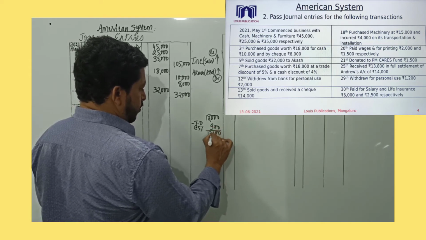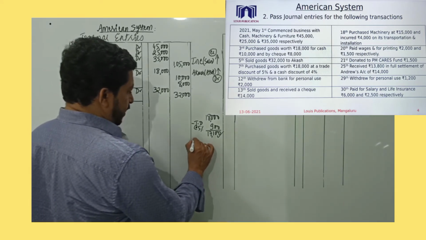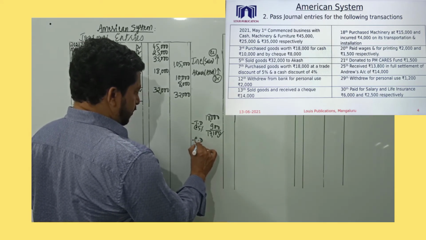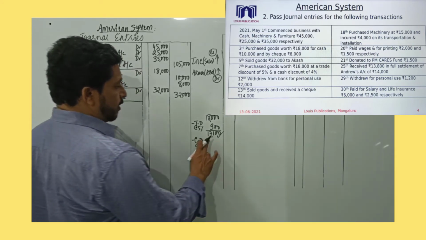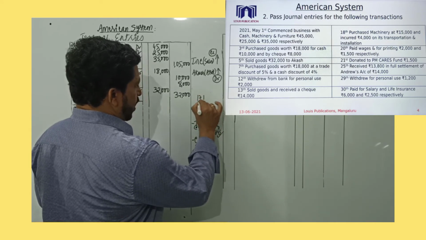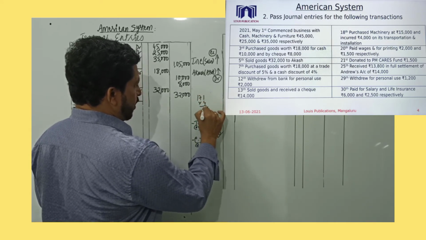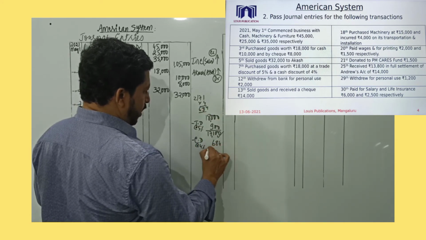You get 17,100. And this will be the transaction value. And after that there is a cash discount at 4%. 4% of 17,100. 1% is 171. So I will take into 4. That is 684. So 684 will be the value.